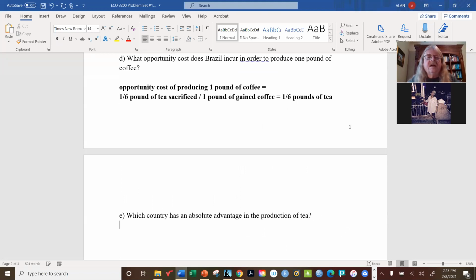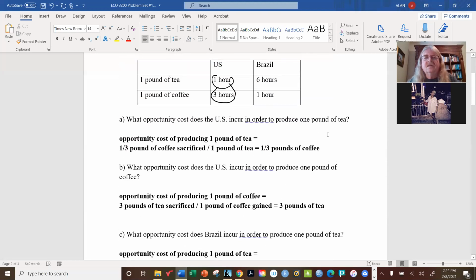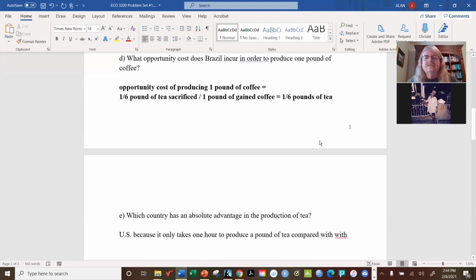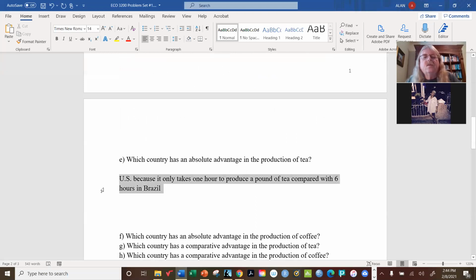Okay, and so US, because it only takes 1 hour to produce a pound of tea, compared with 6 hours in Brazil. Now, it doesn't ask you for all that, but that's the reason why it's the United States.